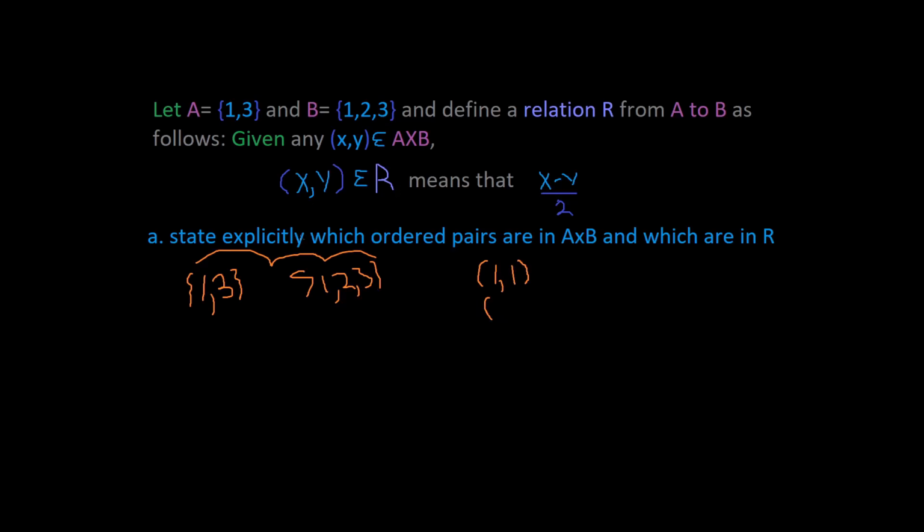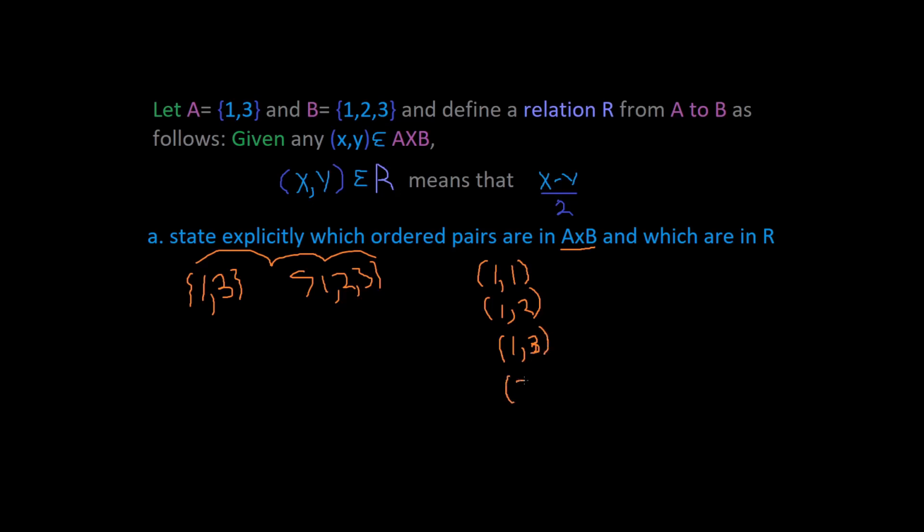That's why it says state explicitly which ordered pairs are in A cross B. Then we're going to state which ones are part of R, and R is a relation to our function, and we're going to learn about that in a bit.